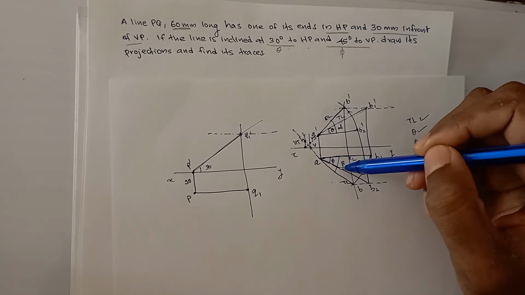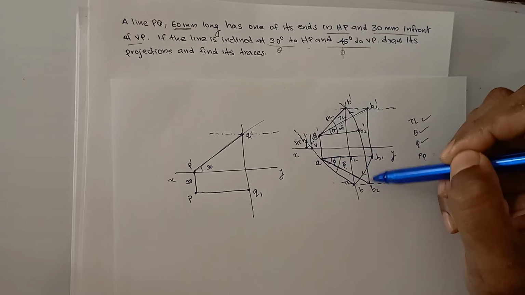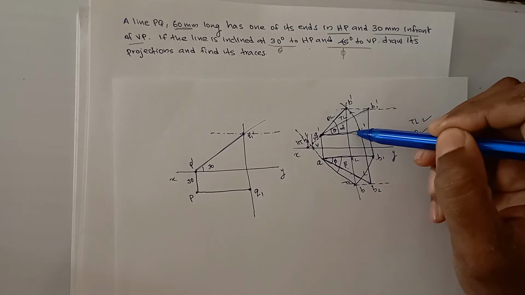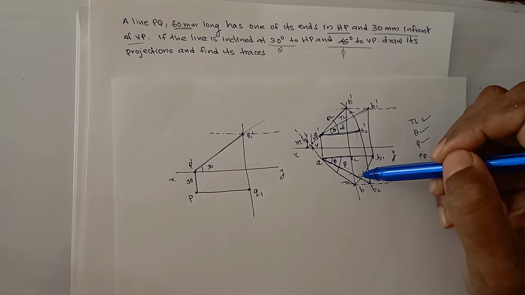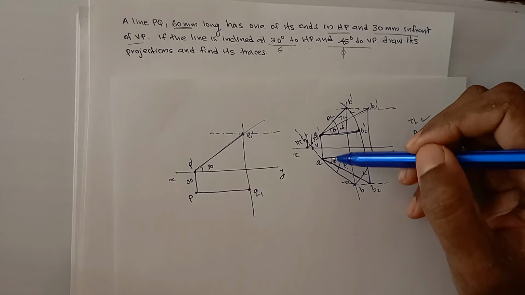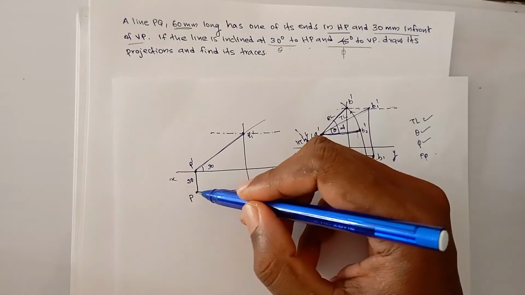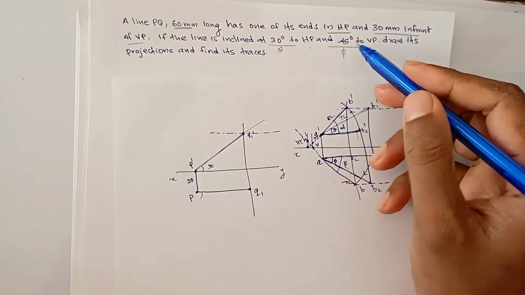This is the position when the line is parallel to HP. This is the true length, and this is the front view when the line is parallel to HP. Is the true length given? Yes, we know the true length, and we also know the angle phi. Here this is our end point. Take the angle, what is phi? Phi is 45.